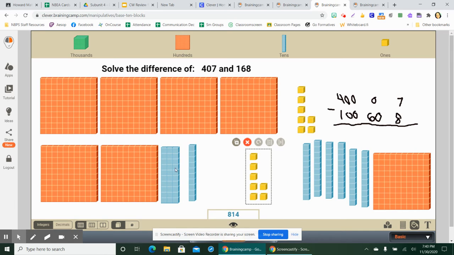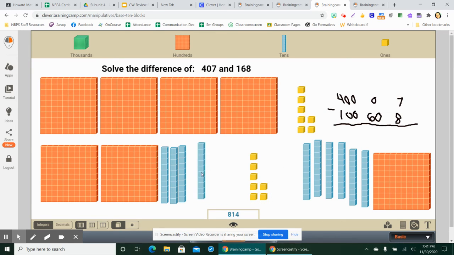So now you can see I still have 4 of these guys left. Okay. And now I have my 160, but now I need to take 8, and I only have 7. So again, I need to take one of these and I need to break it apart. So I'm going to click the button here that says break. Now I can take my 8.